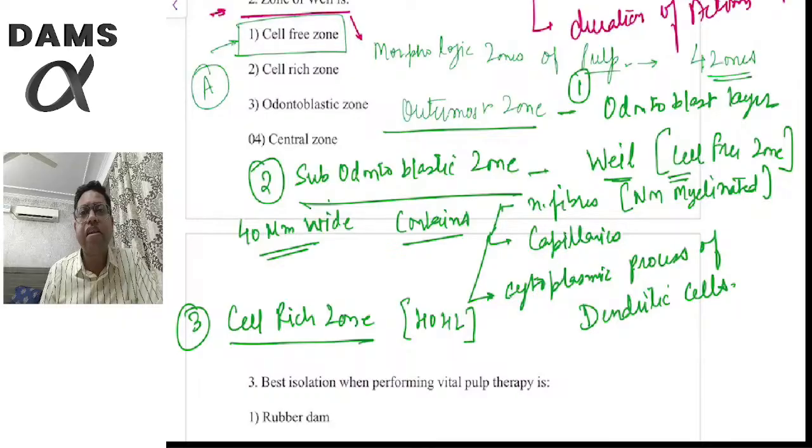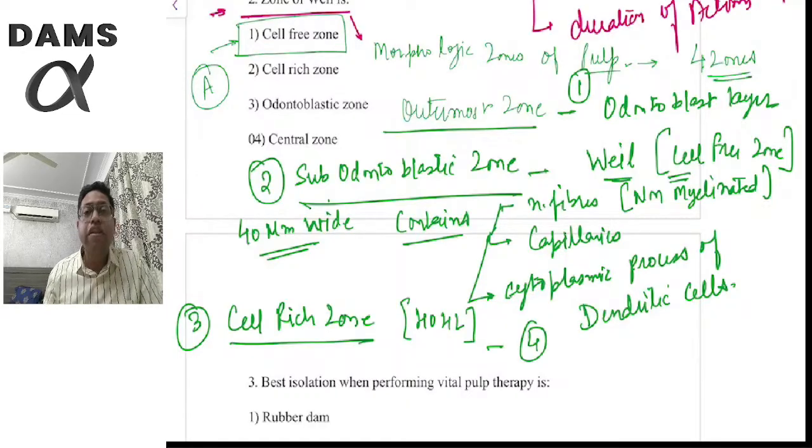As the name indicates, in the cell-rich zone, all the different cellular elements of the pulp are present, like fibroblasts, dendritic cells, macrophages, lymphocytes, and other cells. Especially we would talk about cellular elements like undifferentiated mesenchymal stem cells. After the fibroblast, these undifferentiated mesenchymal stem cells are the most prominent cellular elements of the dental pulp, and they're present in the third zone, that is the cell-rich zone.